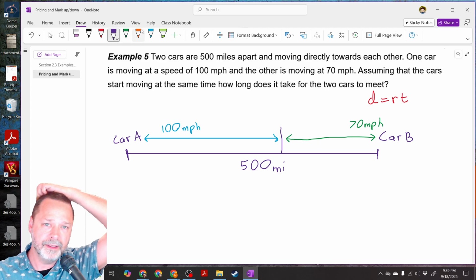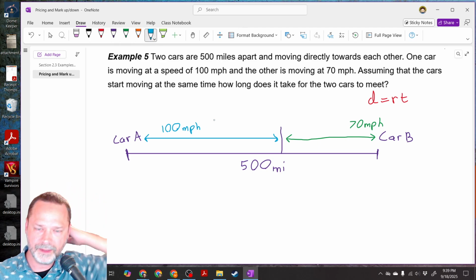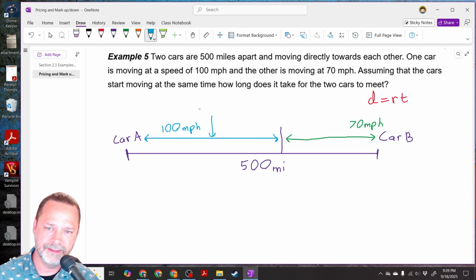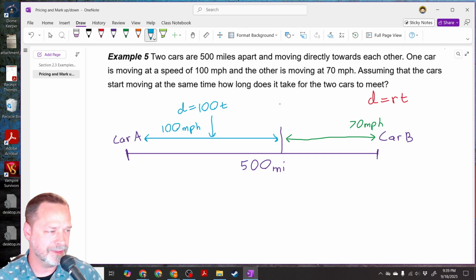So, in other words, this distance here is going to be 100 times our time. I was going to put T for time. So there's my distance equals rate times time.